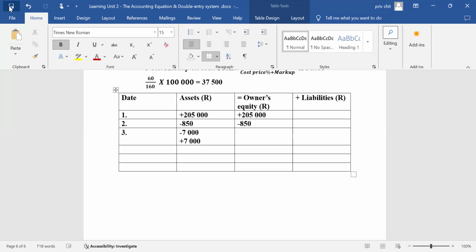Number 4, read it for us. Purchased an office printer equipment on credit from Offer PTY Ltd, 7,200. What do you understand then? The business bought a printer that was 7,200.